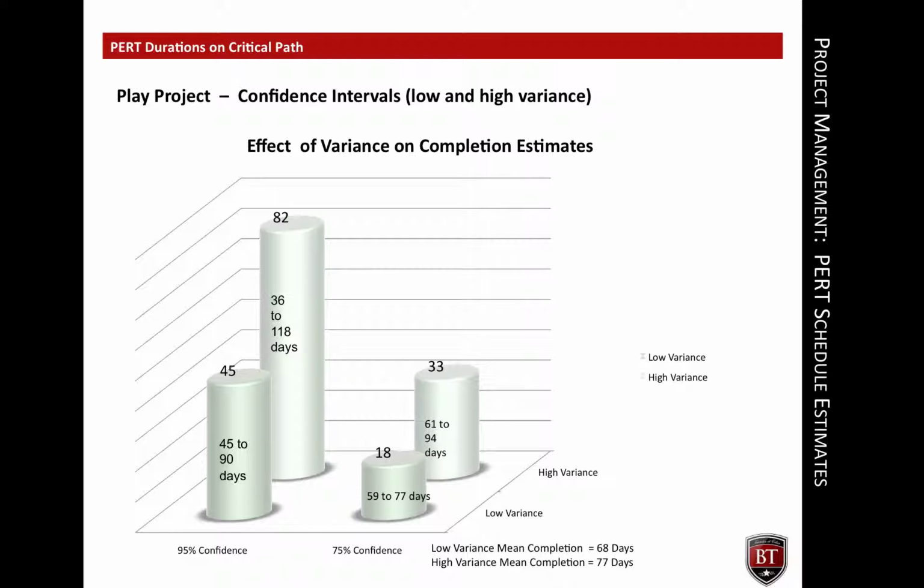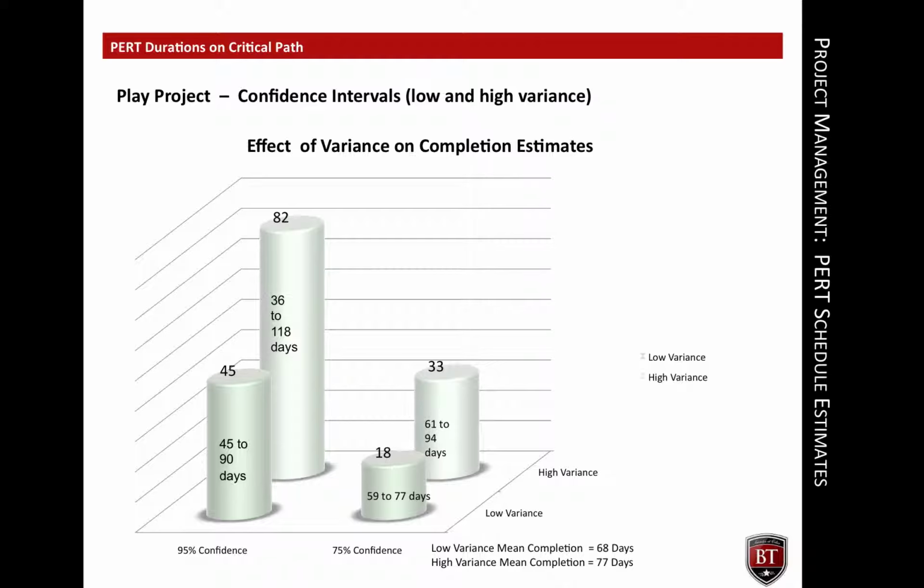Confidence intervals can be derived from PERT estimates. A confidence interval identifies a range of values between which the actual project or task duration will fall. That interval will be stated with a degree of confidence that is expressed as a probability of correctness. Look at the 75% confidence column for the duration of the design and construction phases of the low variance example shown earlier.